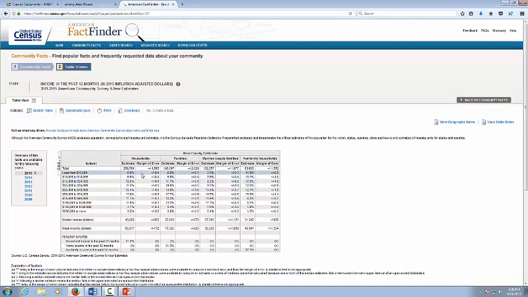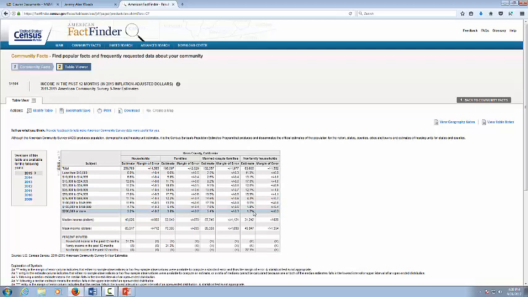So we want non-family households. I'm just talking about single individual, myself. So 100,000 to 149,000 is 6.5%. 150 to 199 is 1.9%, and 200,000 and above is 1.2%.